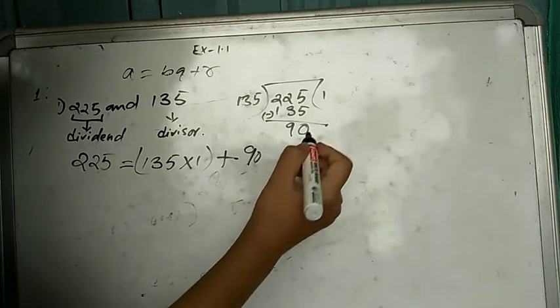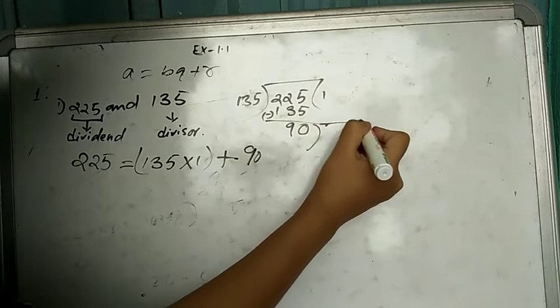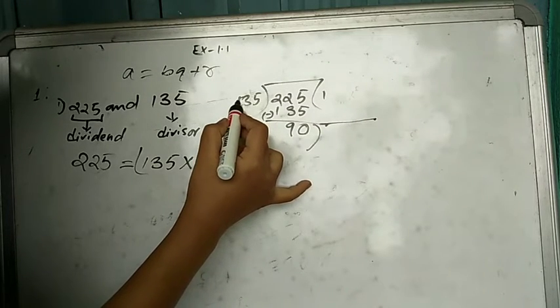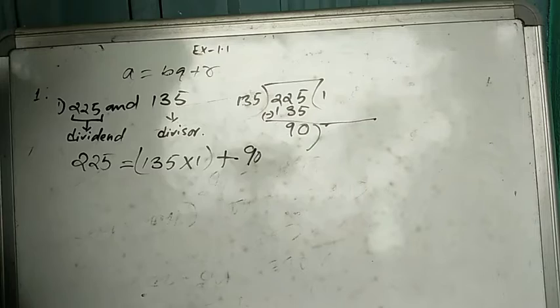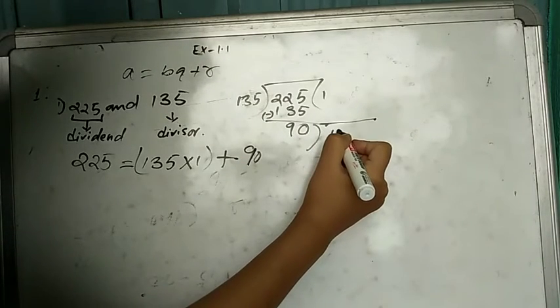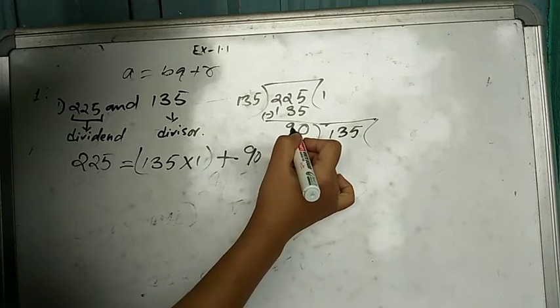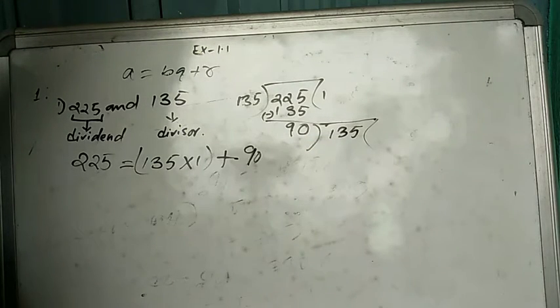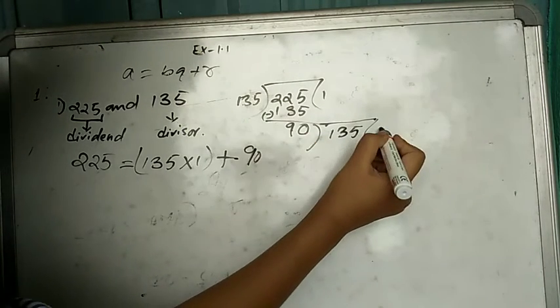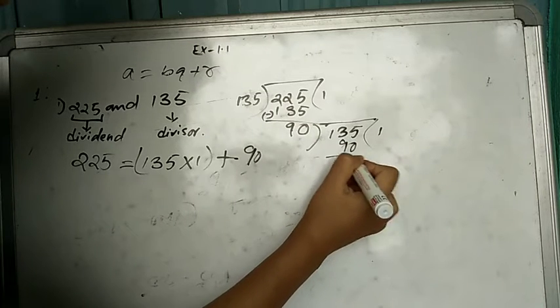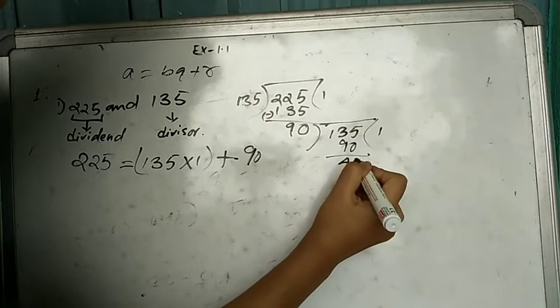In the next step, 135, which was the divisor, now becomes the dividend, and 90, which was the remainder, will now become the divisor. So 90 into 1 is 90 and the remainder is 45.